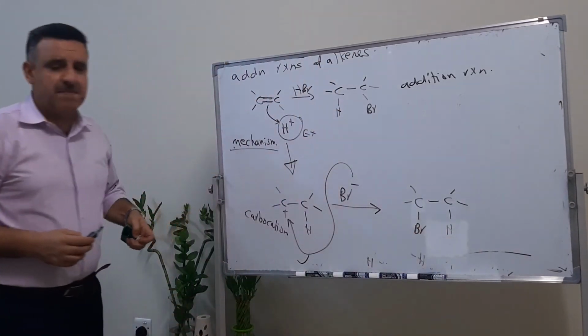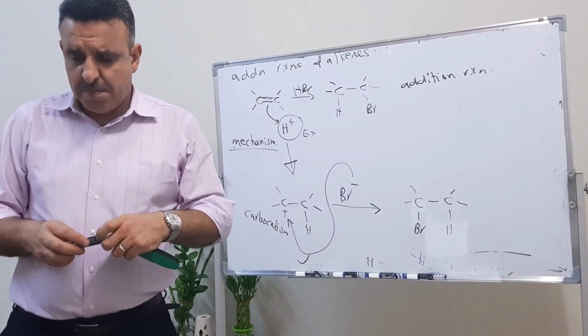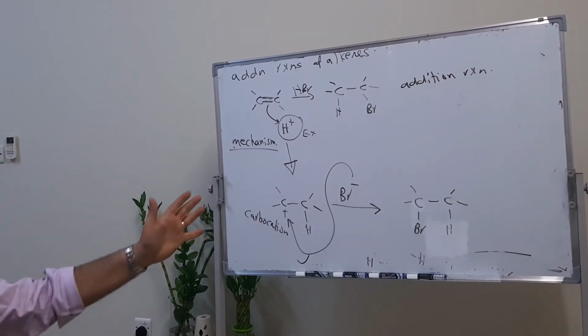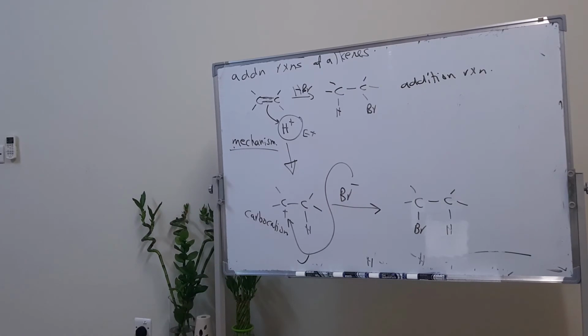That's actually the mechanism of any polar reaction. Always true. First step, the electrophilic part of the adding molecule will add itself to the carbon double bond carbon, forming a carbocation. The second step, the nucleophilic part of the adding molecule will add itself to the plus, making the addition product.